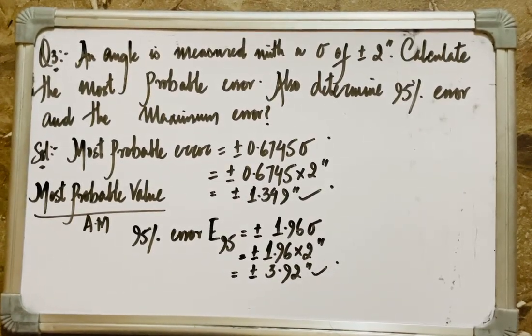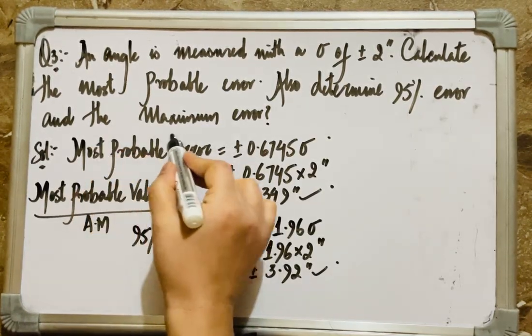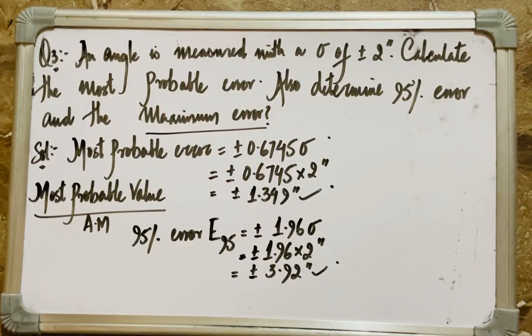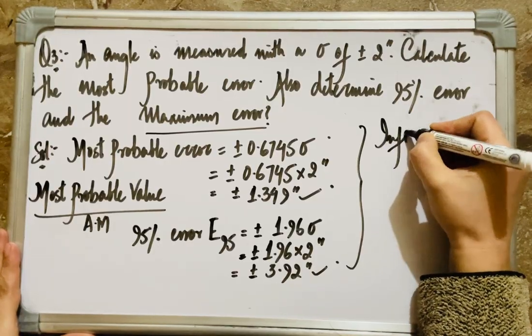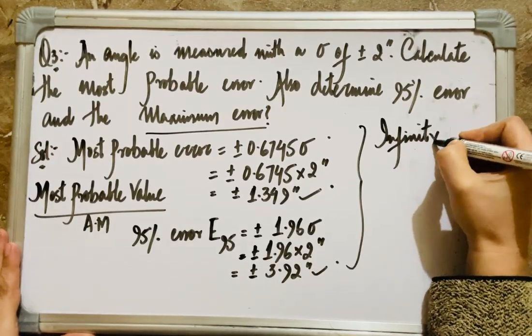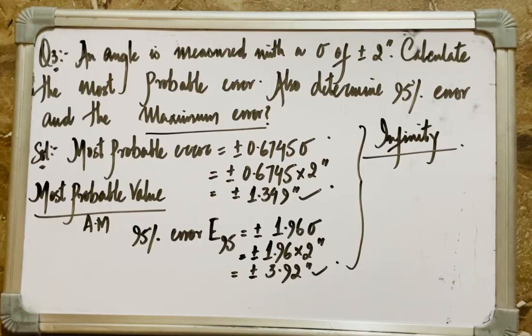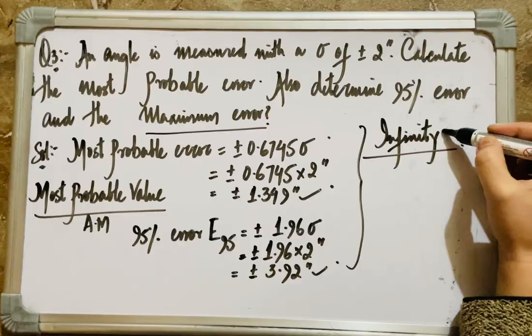All right. Now let's move on to the last part of the question. Calculate the maximum error. It's impossible to estimate the absolutely maximum error, as it would occur at infinity.